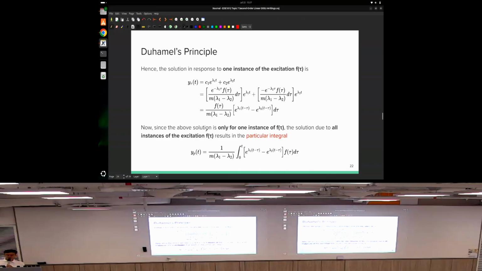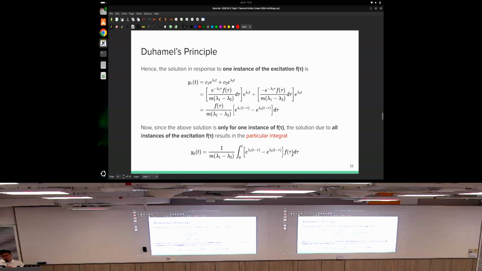So you can look at the expression. The 1 over m lambda 1 minus lambda 2 has no tau inside, so we might as well factorize it out. Only the f(tau) term and the exponential terms with tau need to remain inside the integral. So this is our particular integral for real and distinct eigenvalues.